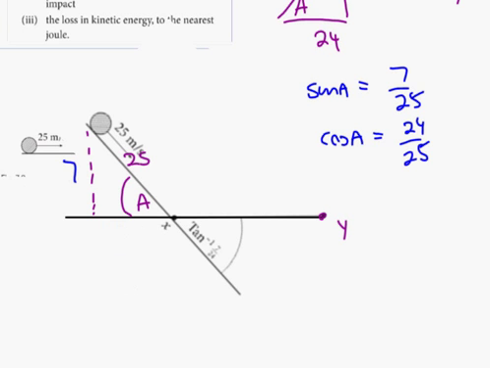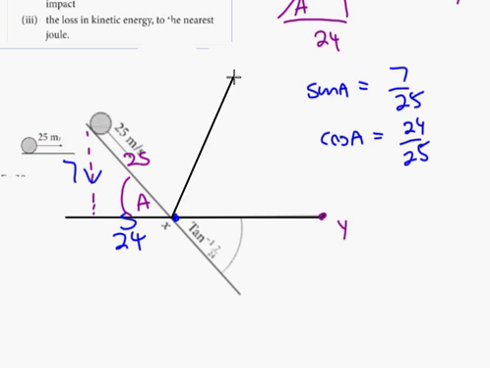And what's that mean about 25 cos A? 24. So it means that you're coming in with speed 7 going downwards towards the plane, and speed 24 going this way. Now remember, the plane is along the x-axis. Which component of the speed is therefore affected when it bounces back out again?